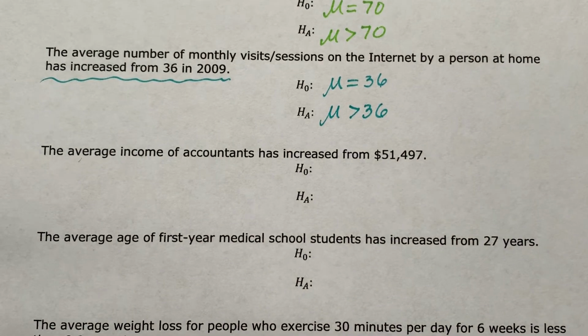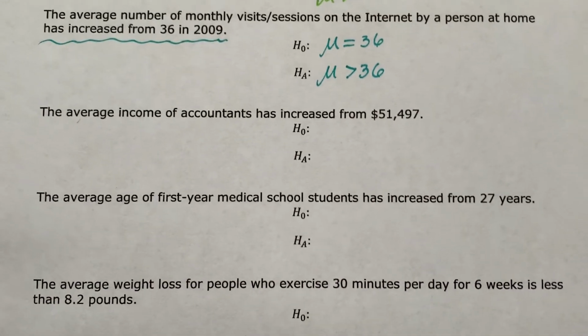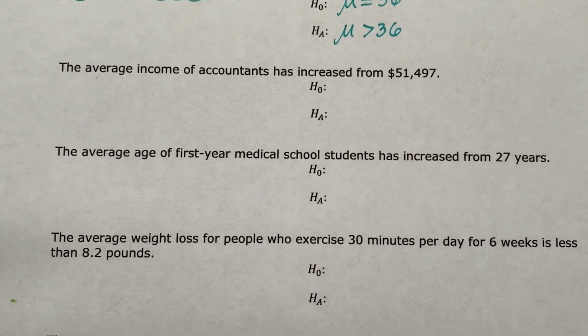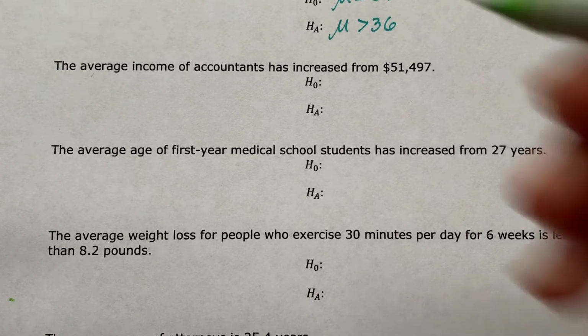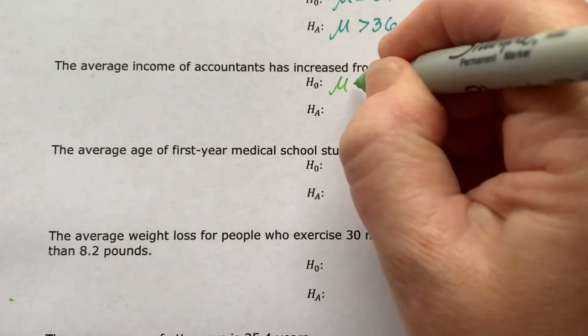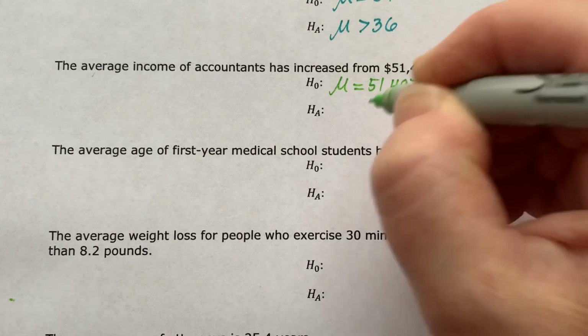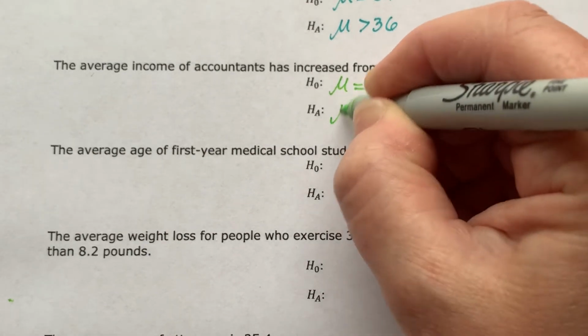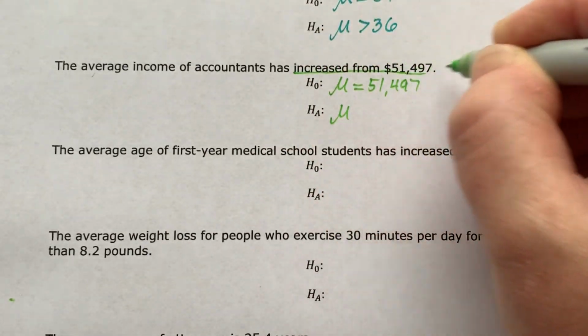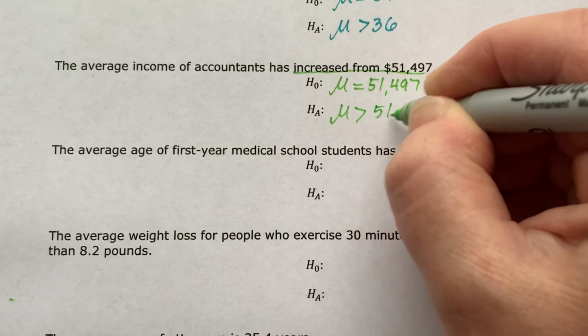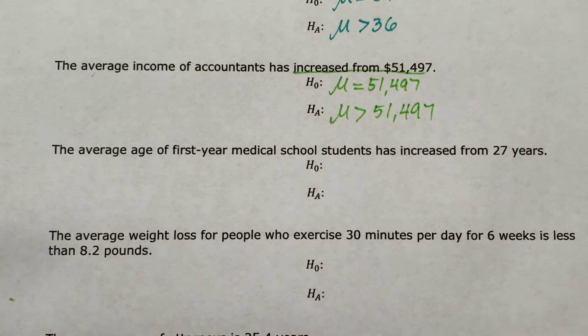All right, so far we've been looking at greater, increased. Let's look at some other examples. The average income of accountants has increased again. So the mean is 51,497, and the alternate is that it increased, so it's greater than 51,497.